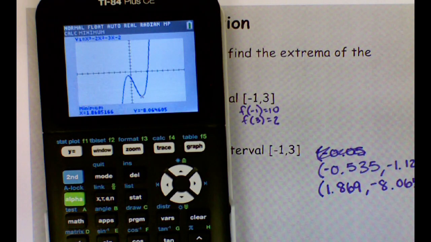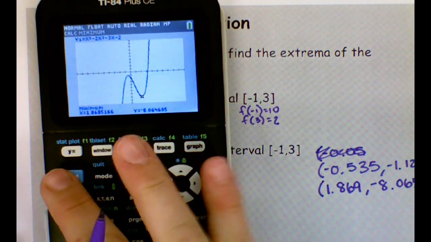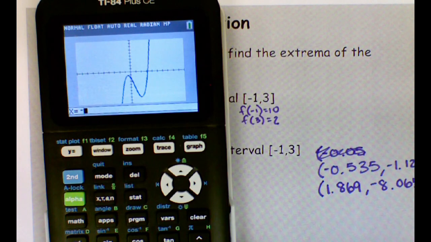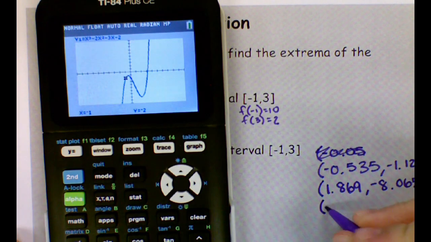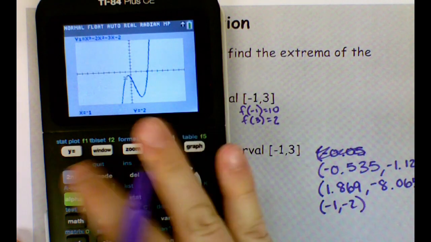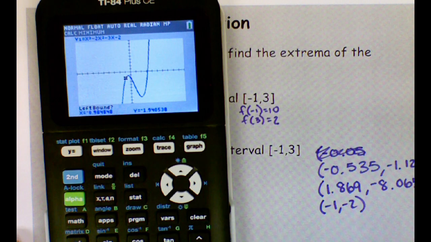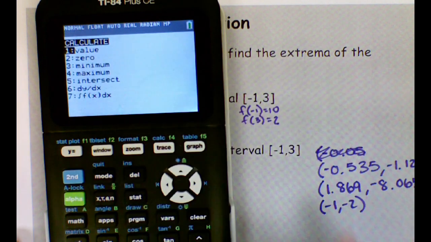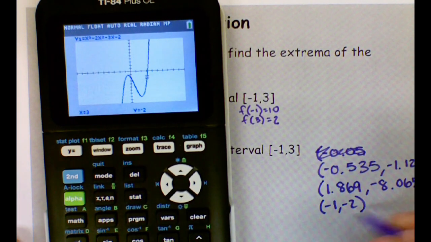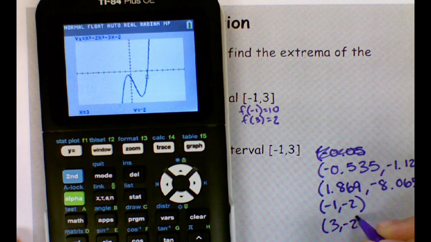All right, but then also remember that the maxes and mins can occur at the endpoints. So I'm going to calculate each of those. Value at negative 1, I get negative 1, negative 2, and value at 3, I get 3, negative 2.